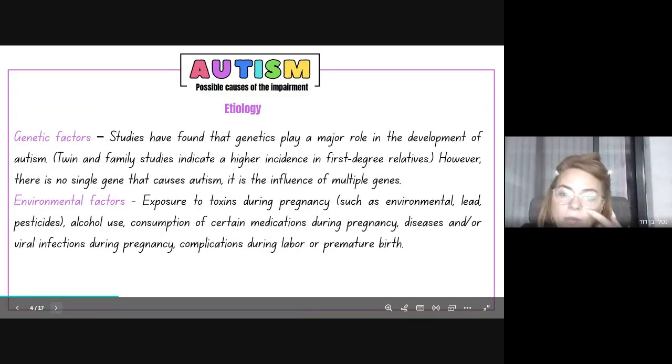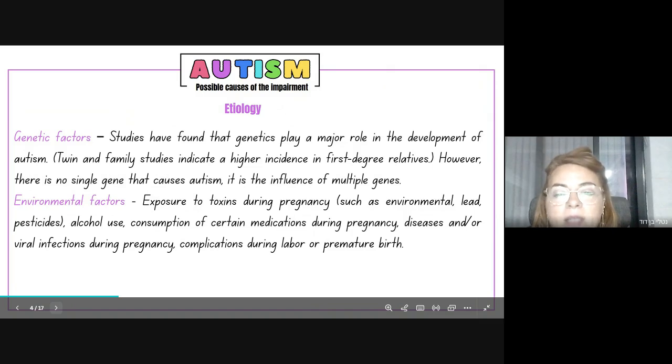Now we talk about etiology. Currently, no definitive cause has been found for autism. However, possible factors that influence the occurrence of autism have been found in genetic factors. Studies have found that genetics play a major role in the development of autism. However, there is no single gene that causes autism.